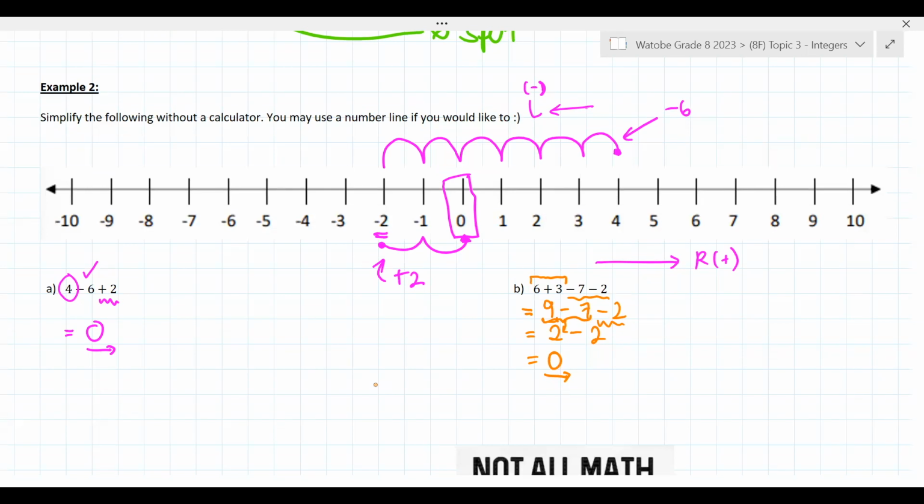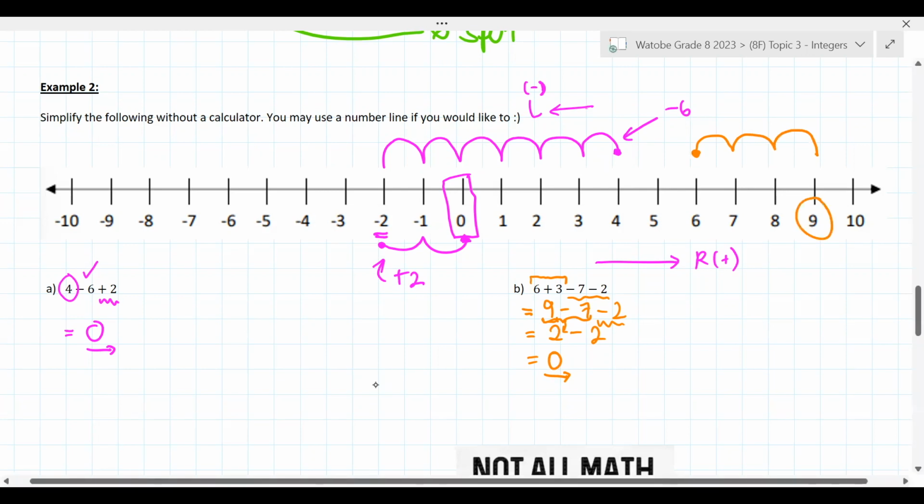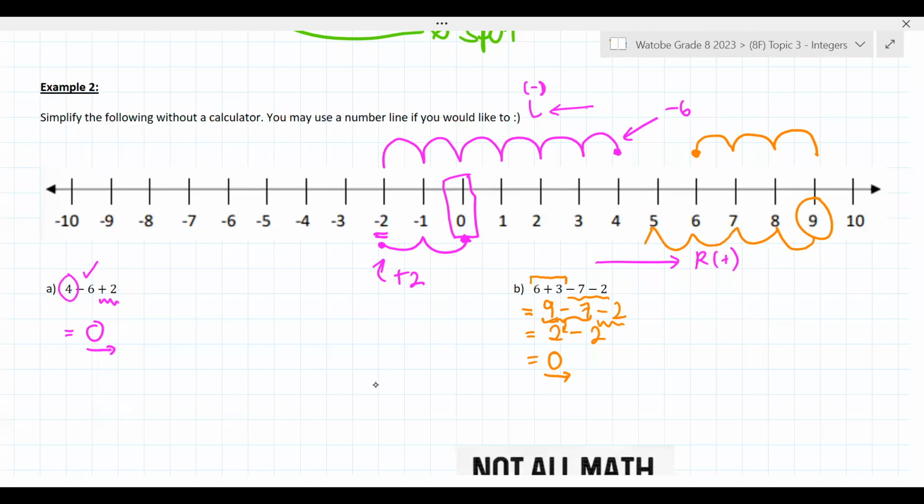Now, if you want to use your number line, that's, again, absolutely fine. We would start at positive 6. We're adding 3, so we're moving up to the right. And that takes me to that 9 that Mavoyo mentioned. But I'm not done. I still need to subtract 7. So now I move left. 1, 2, 3, 4, 5, 6, 7.